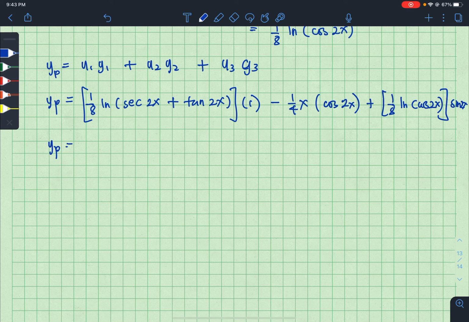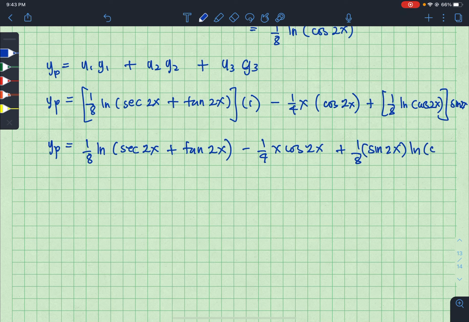So y p would be 1 over 8 ln of secant 2x plus tangent 2x minus 1/4 x cosine 2x plus 1 over 8 sine 2x ln of cosine 2x.